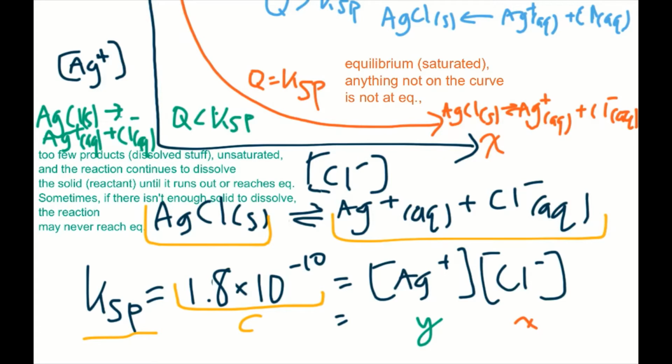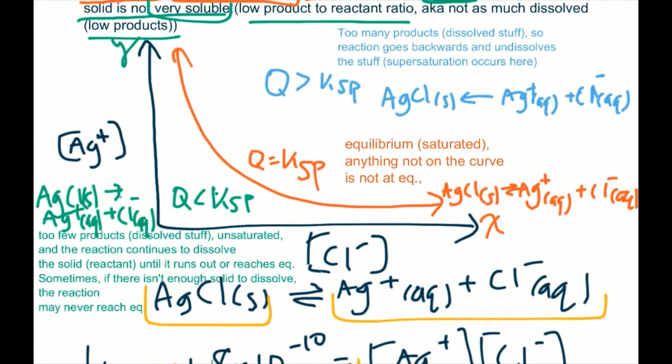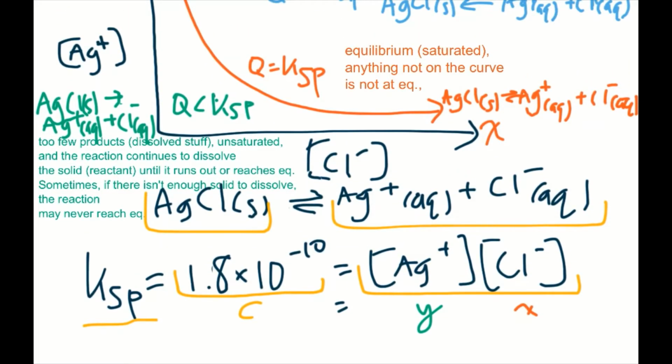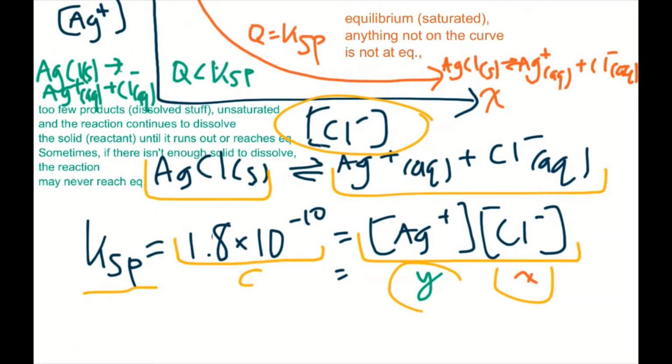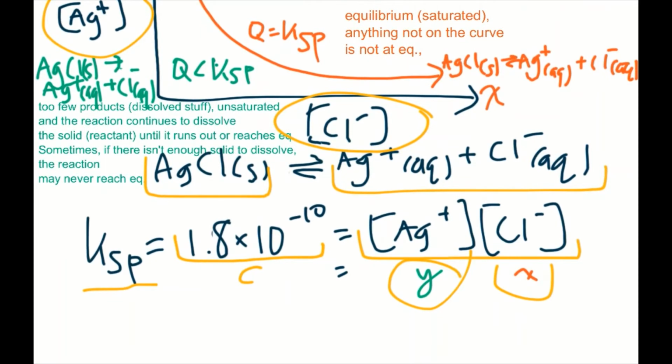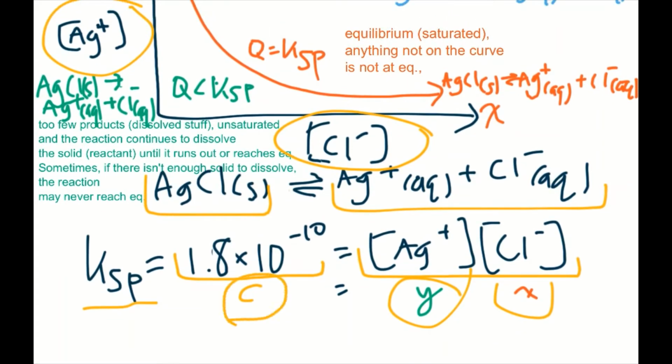But if you want to write the expression, you do products over reactants, and we just have Ag+ and Cl-. And how do we graph this? Why is it a curve? Well, we see that X will be our chloride concentration, and our Y will be our silver+ concentration, and this is equal to C, a constant, or in other words, our Ksp.